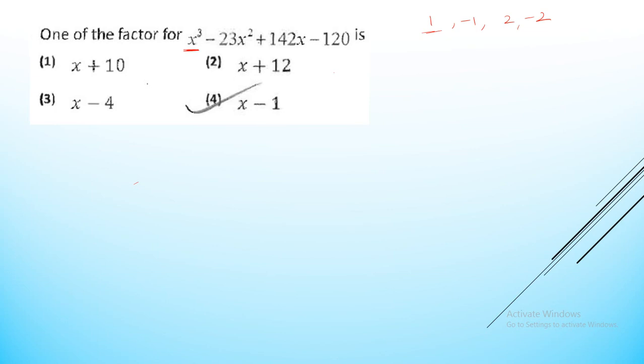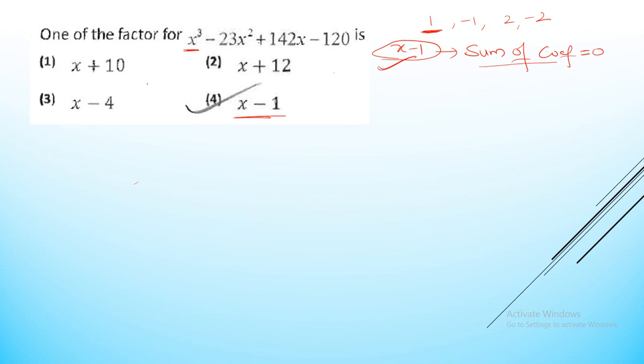Let us see. For 1, that is nothing but x minus 1. Since x minus 1 is given in one of the options, we are talking about x minus 1. To make x minus 1 a factor, we need to see whether the sum of coefficients is equal to 0 or not. If the sum of coefficients is equal to 0, then x minus 1 is a factor.